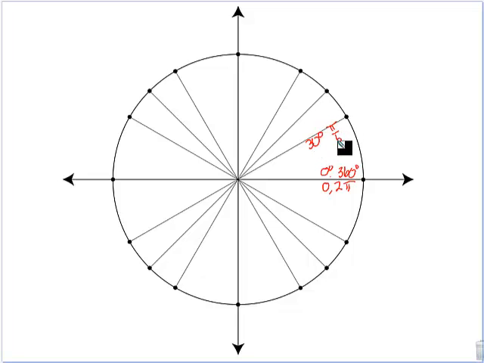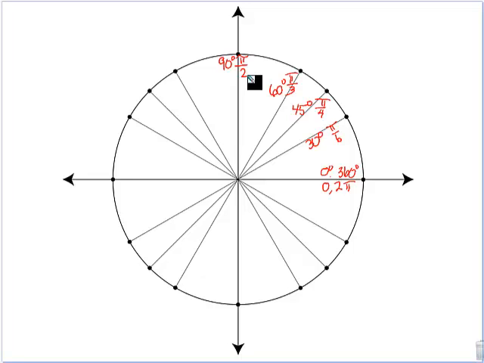Pi over 6. Okay, what did we get for our next angle? 45, and what did you find out 45 was in radians? Pi over 4, yeah. What's our next angle that you got? 60, and what's 60 degrees in radians? Yeah, pi over 3. Okay, going straight up. 90, what's 90 degrees in radians? Yeah, pi over 2.